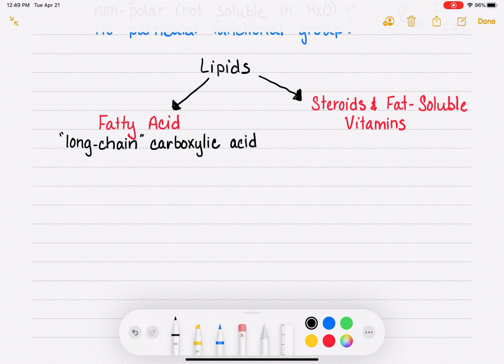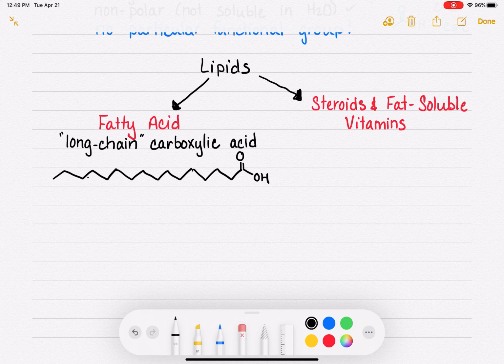It's just a lot of carbons. So let's just draw a whole lot of carbons. That is a lot of carbons, so we would call that a fatty acid. We could also call it a carboxylic acid. It's both.